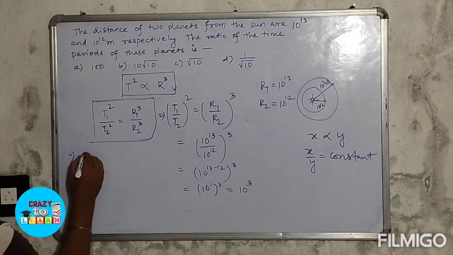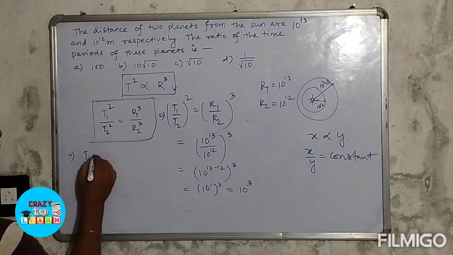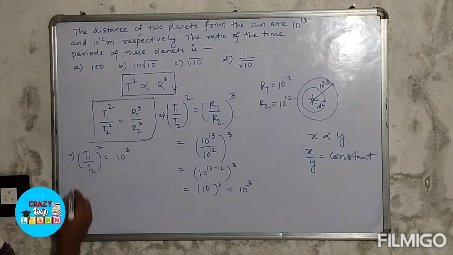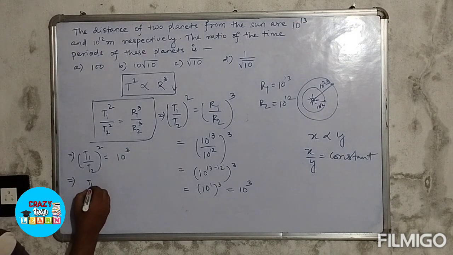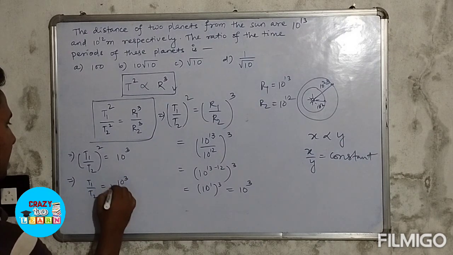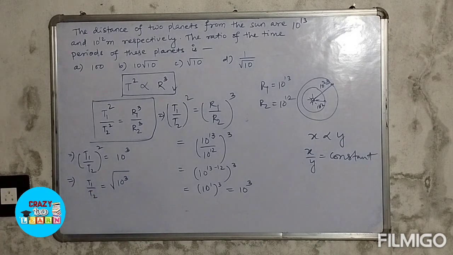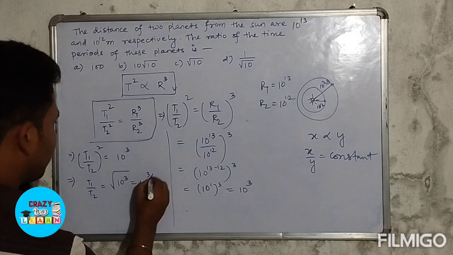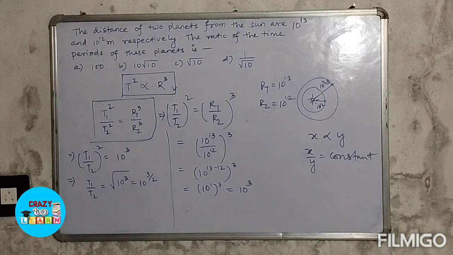So we are getting T1 by T2 whole squared equal to 10 to the power 3. Then T1 by T2 is equal to the square root of 10 to the power 3. Square root means the power is multiplied by half, so 10 to the power 3 by 2.